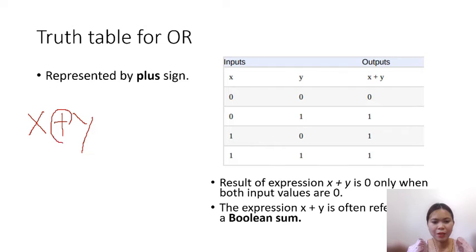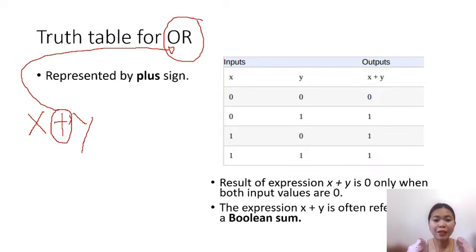So this is a representation of the OR operator. The behavior of this operator is characterized here in the truth table shown. Same lang din, meron tayong dalawang variable x and y from our expression here, x or y, and we have here the result of the expression x or y.